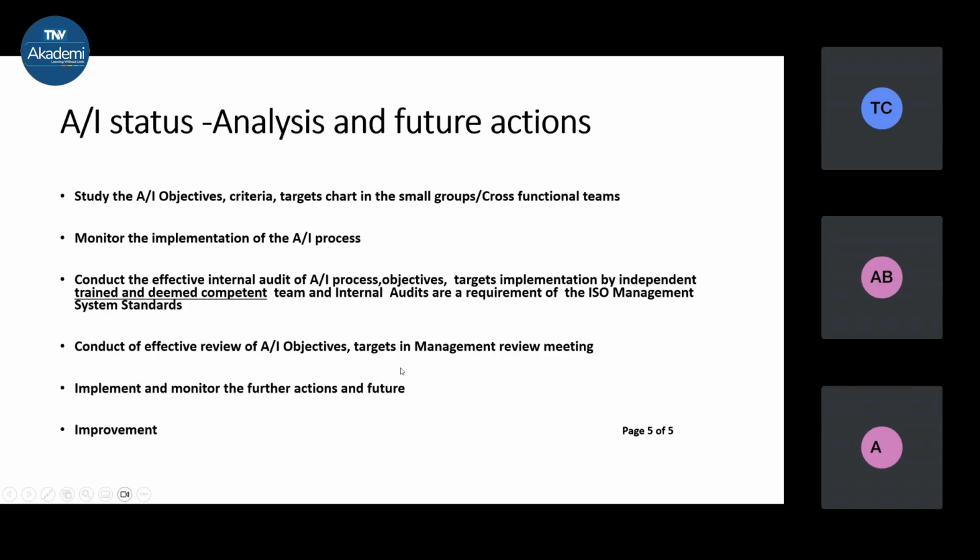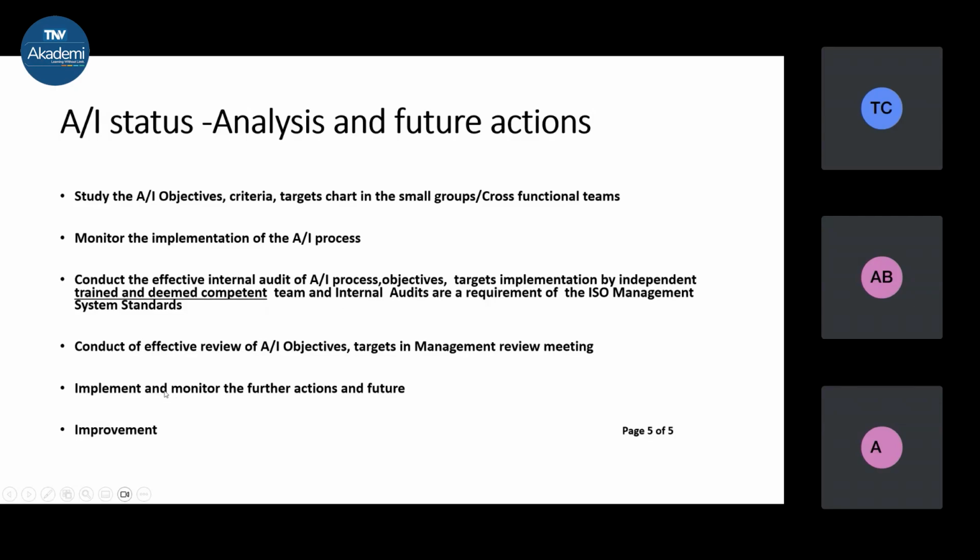Minutes are made of the review meeting, and they need to be implemented and monitored for further actions. Who is supposed to do what, to see that AI objectives are further improved upon, mistakes are further controlled, the scope is further fine-tuned, applicability and non-applicability are further understood, and the units, groups, temporary sites and permanent sites are all addressed, covered and audited effectively, internally and externally.